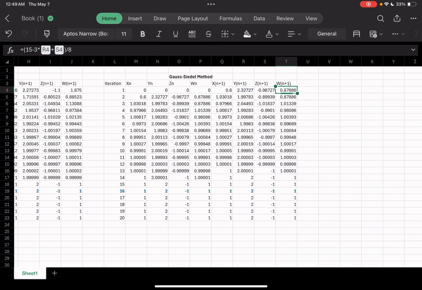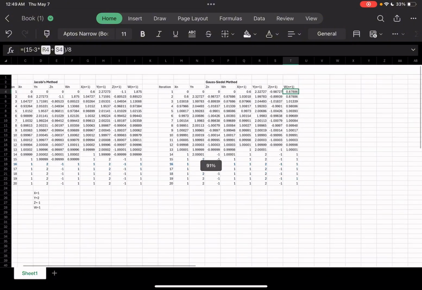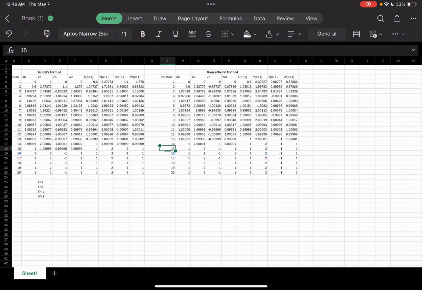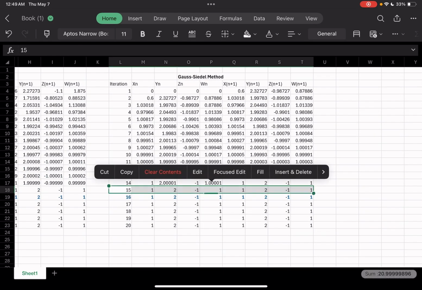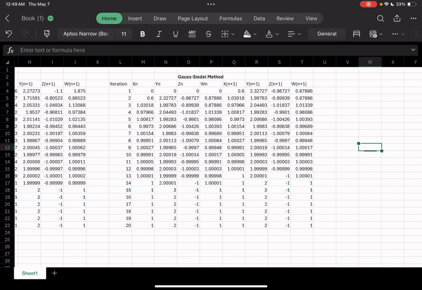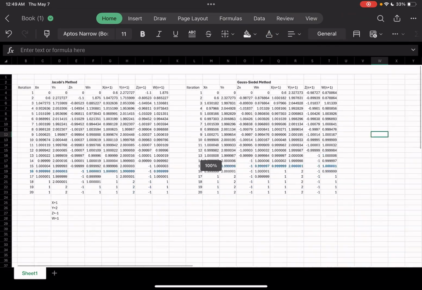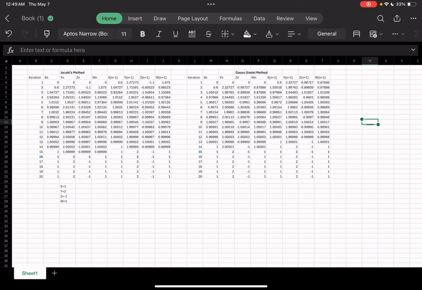So as you can see, we have our root right here. Comparing the two, the value of our roots is still the same. However, the number of iterations is different. So as you can see, in the Jacobi's method, there are more iterations.